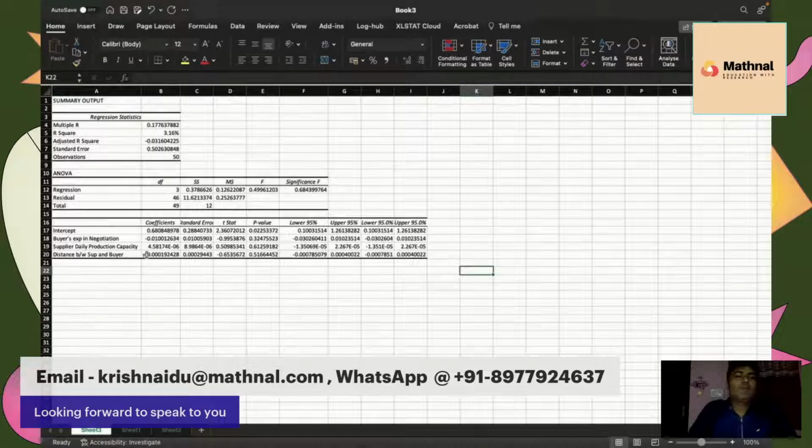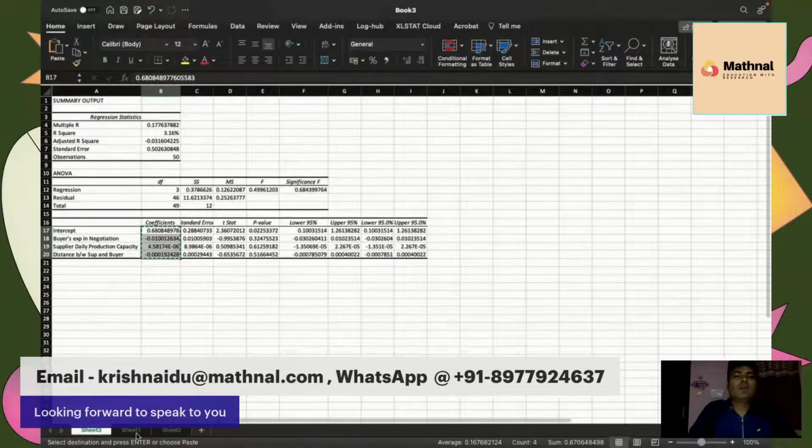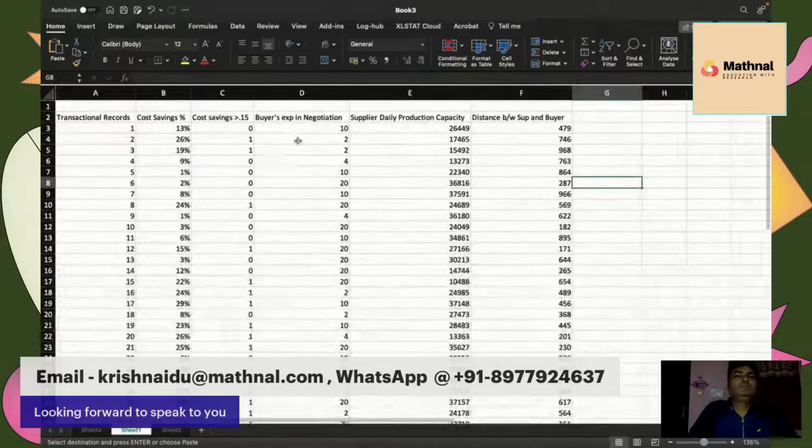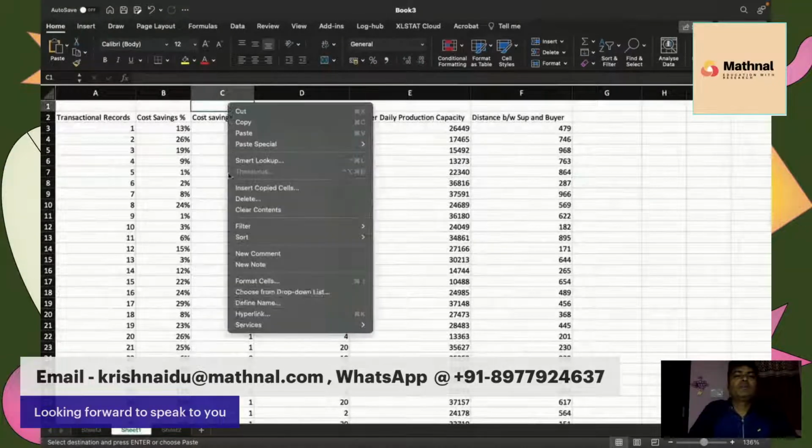So what I will do first is take these coefficients, copy them, go to the model, and do the transpose here.